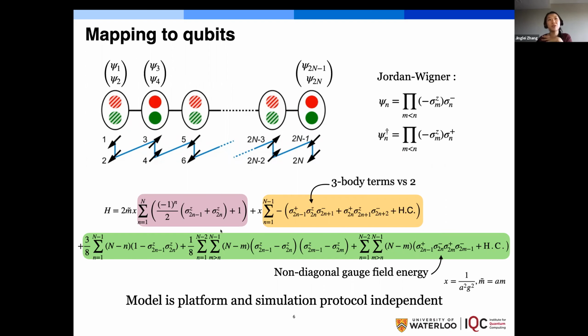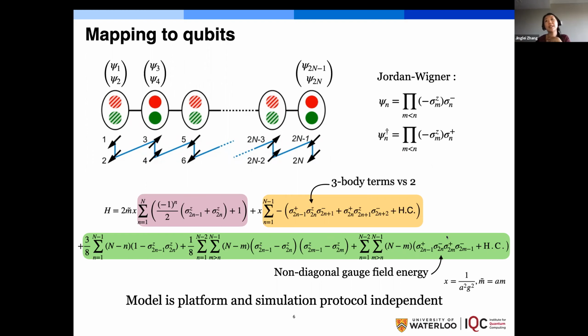And here again, I want to highlight how the fact that we're considering a non-Abelian theory makes everything more complicated. If we did this whole thing as has been done before with an Abelian model, in the kinetic term, where here we have 3-body terms, in an Abelian case it would be only 2-body terms. And the gauge field energy would be, in an Abelian theory, all diagonal, so there would be only terms proportional to sigma z's.